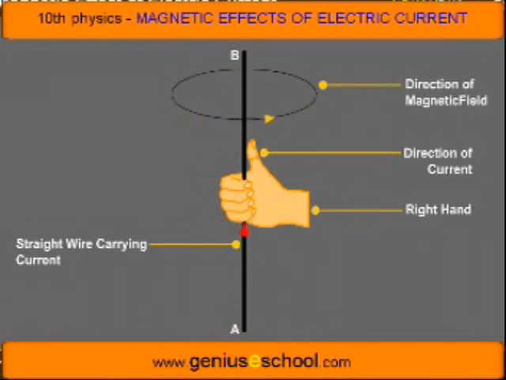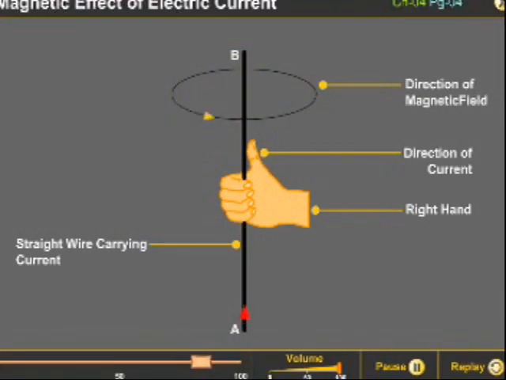In this case, our fingers are folded in the anti-clockwise direction, so the direction of magnetic field lines is also anti-clockwise, as shown by the circle drawn at the top of the wire.